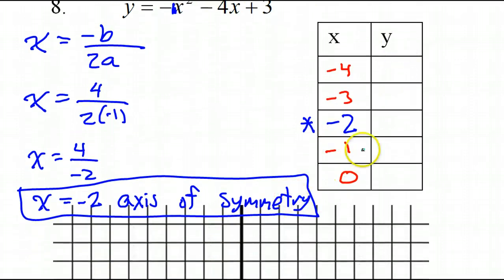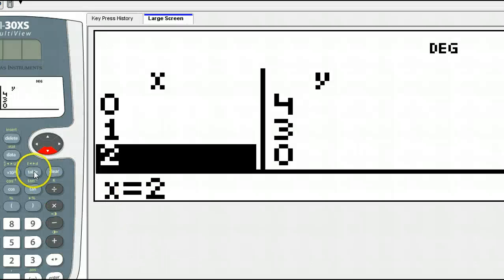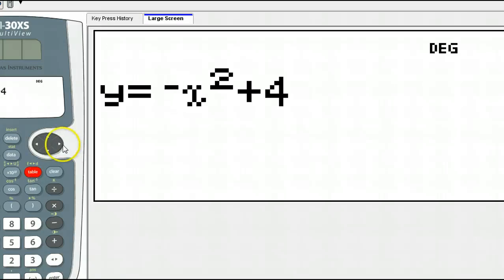Okay, let's use a calculator to find the other values. So let's see, I've got -x squared minus 4x plus 3. Let's hit that table button. So -x squared, maybe I can keep that part, minus 4x plus 3.